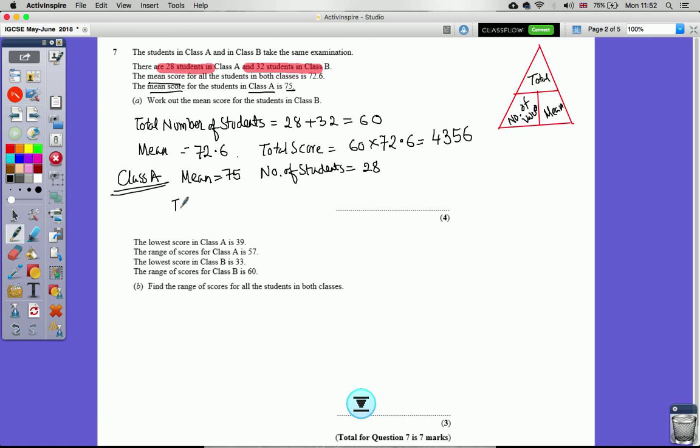So the total score of those 28 students is 28 times 75, which is 2,100.